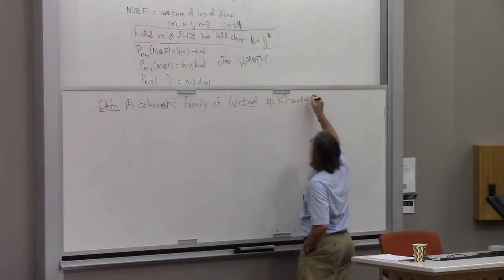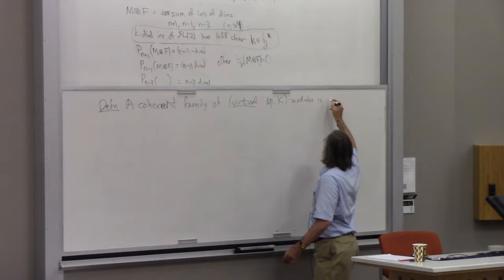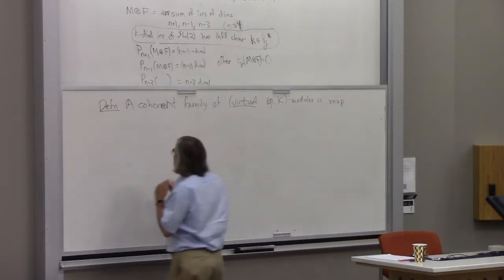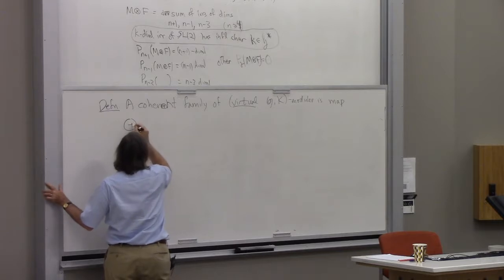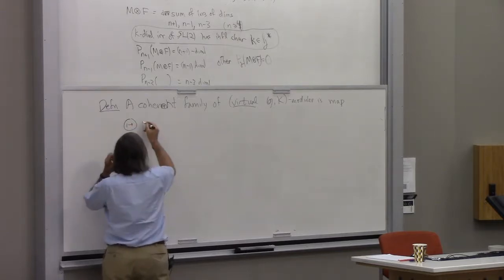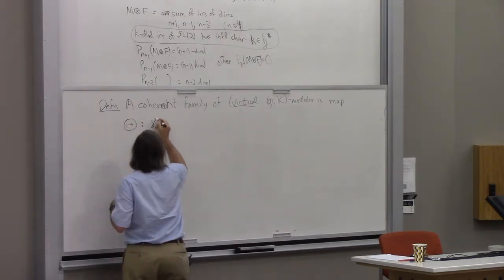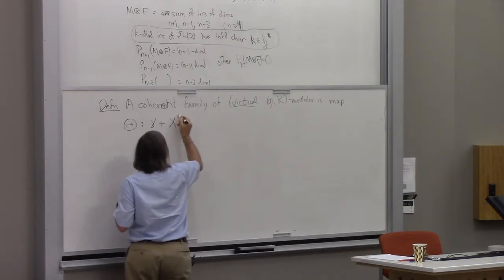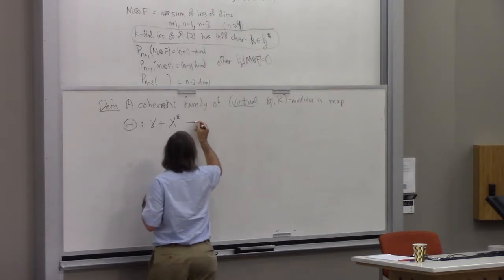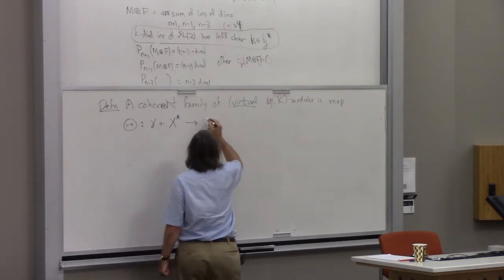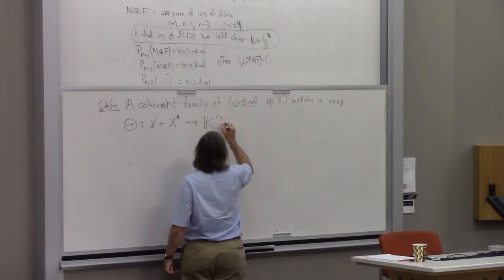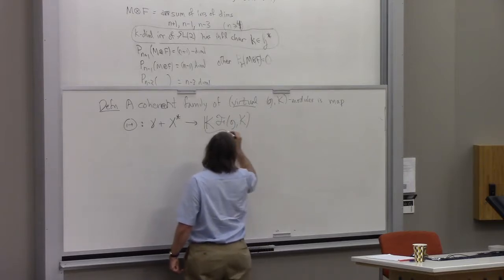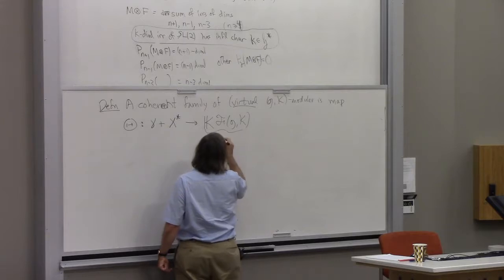GK modules. It is a map. I think Greg often used capital theta, which goes from gamma plus X upper star to, here. So this is what Peter talked about.